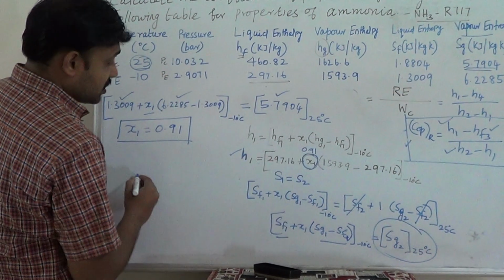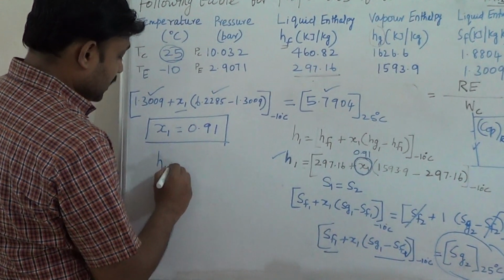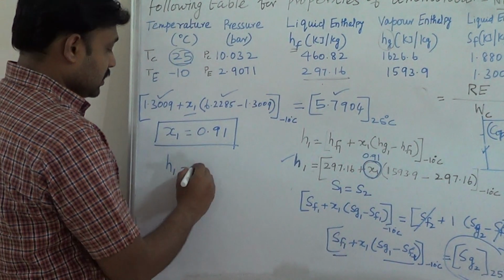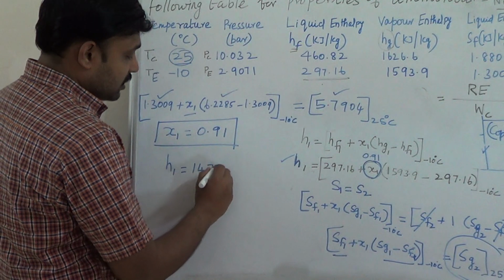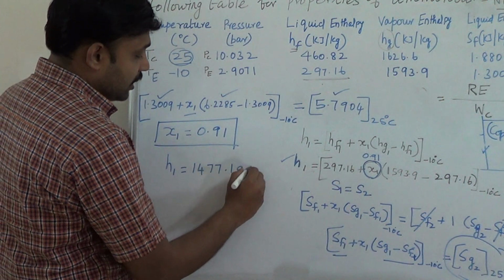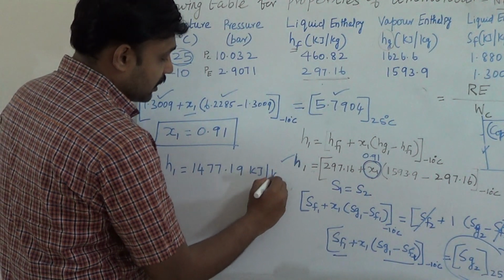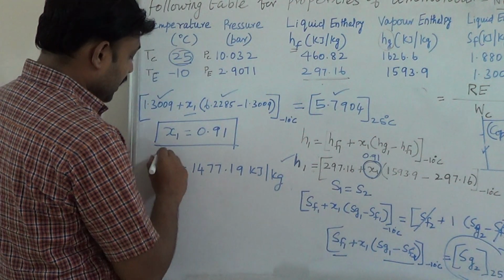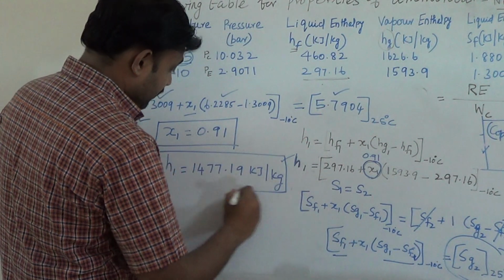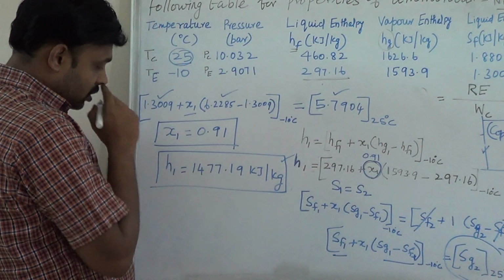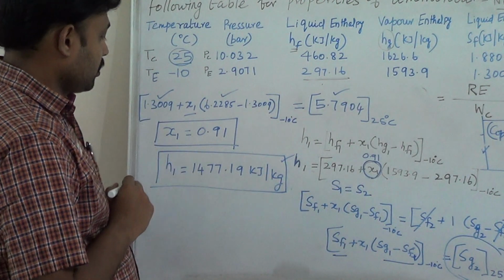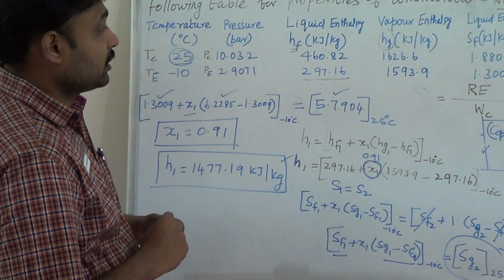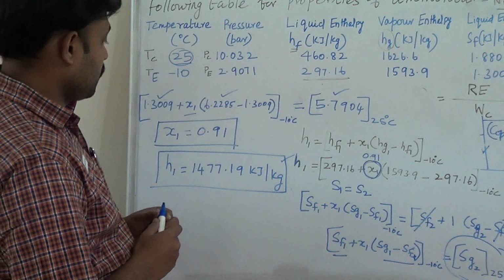If you simplify this, you will have the enthalpy value as 1477.19 kilojoules per kg. So we have now calculated the quality of the ammonia refrigerant and also the enthalpy at point number 1.